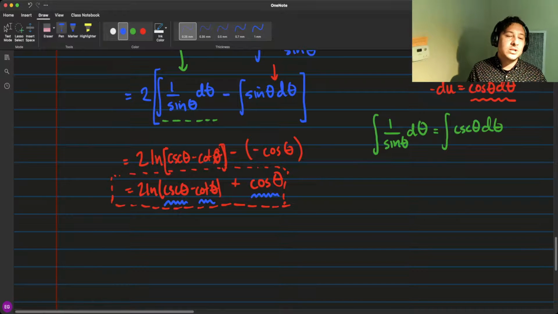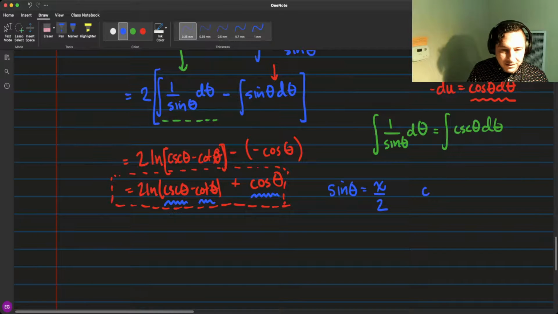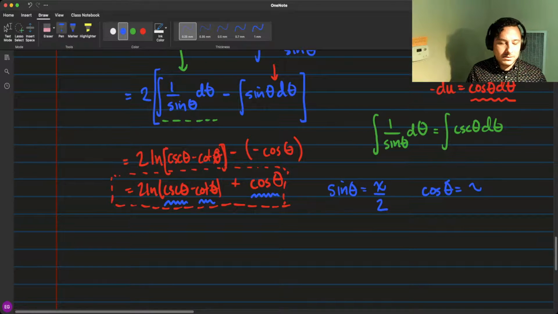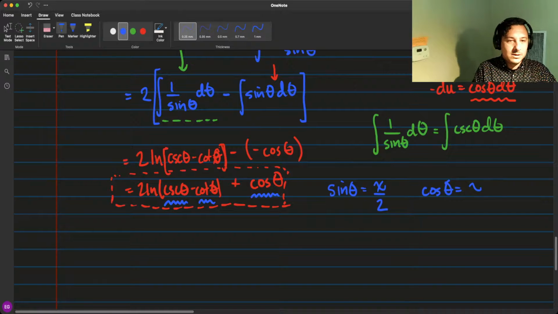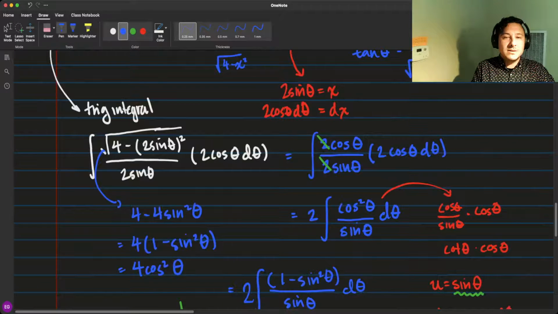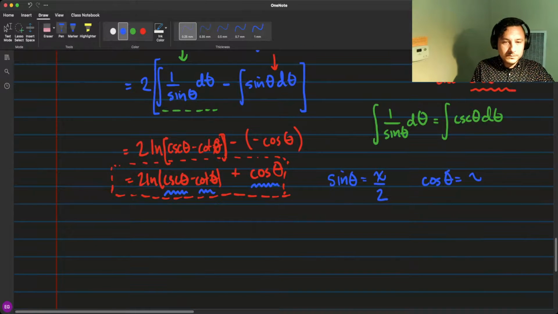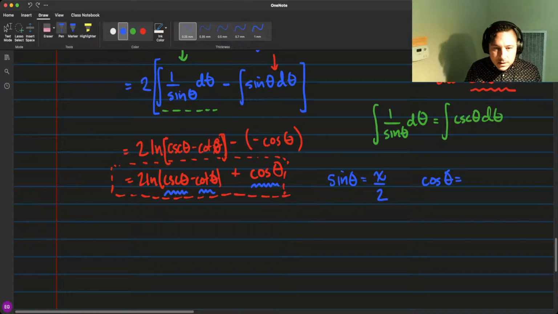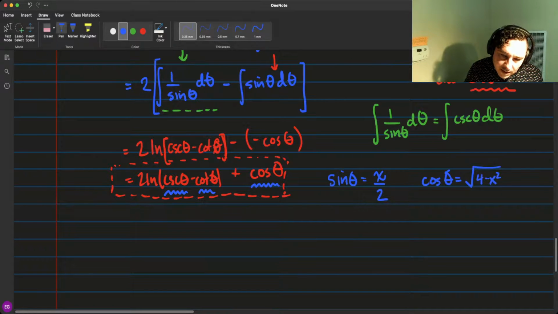Okay, so our original thing was that sine of theta was x over 2, right? And what was my cosine of theta equal to? It was x... Oh, what was it? Scroll up. I don't remember. Cosine of theta was the square root of 4 minus x squared over 2.